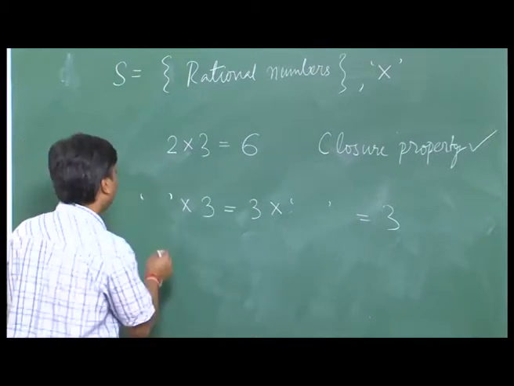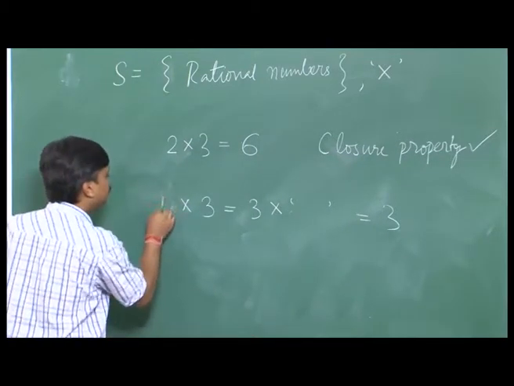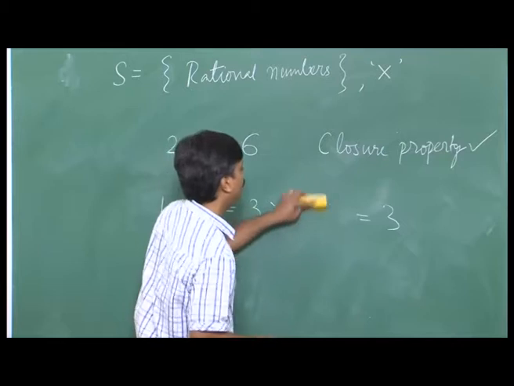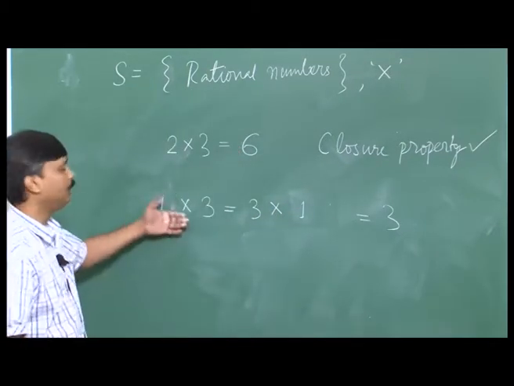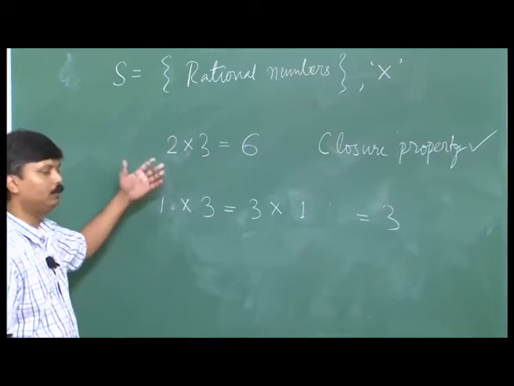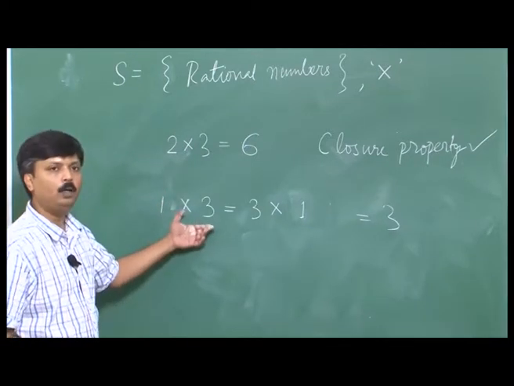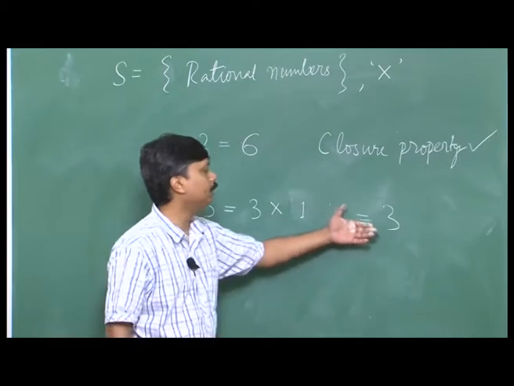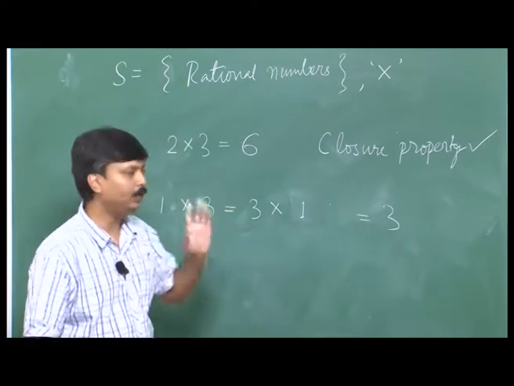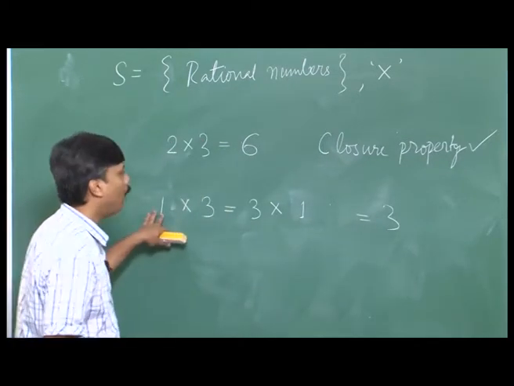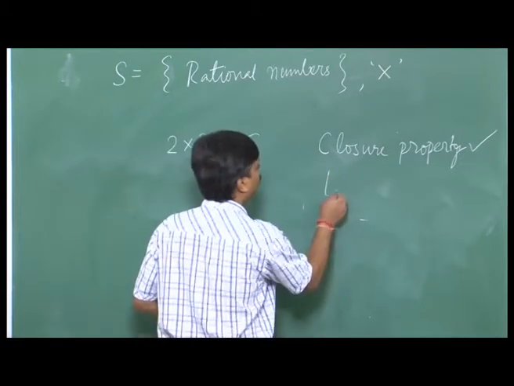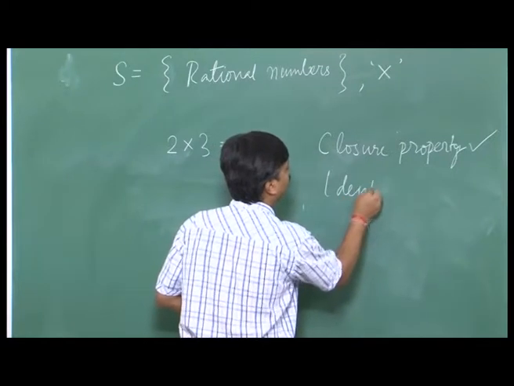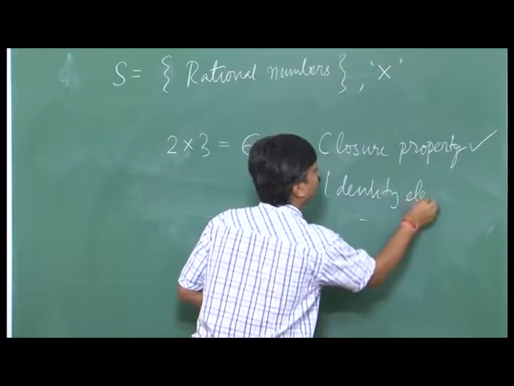It has to be unity. Now check with any given number, take 5,000, anything, multiplication with 1 will return you the same number, right? So I have 1 as the identity element. So I found my identity element.